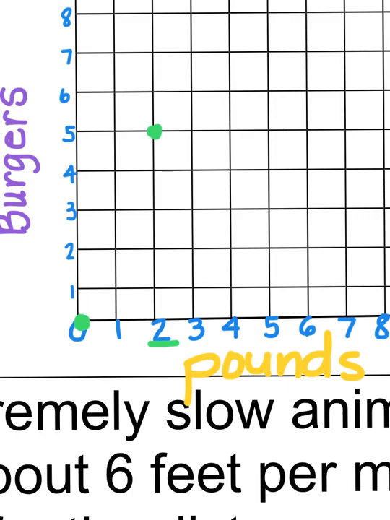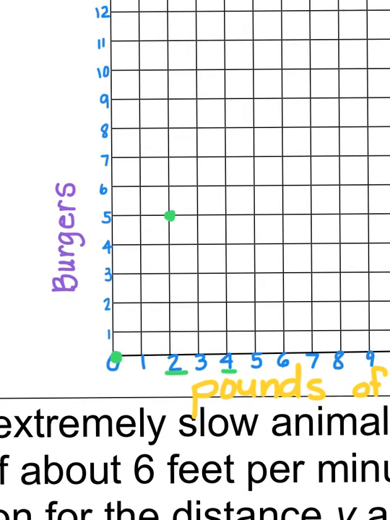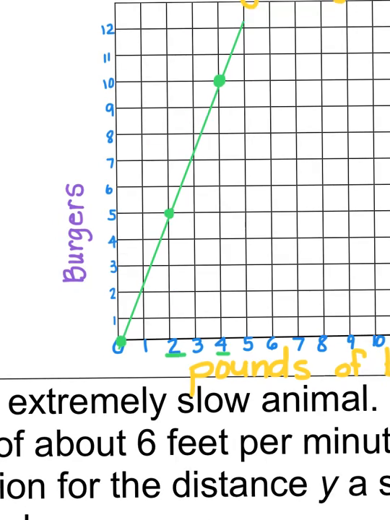That means for 4 pounds of beef, we would be able to make 10 hamburgers. Once you have your 3 points plotted, please use your straight edge and draw a line going through the whole graph. Please put an arrow at the end, and we're ready to move on to number 8.